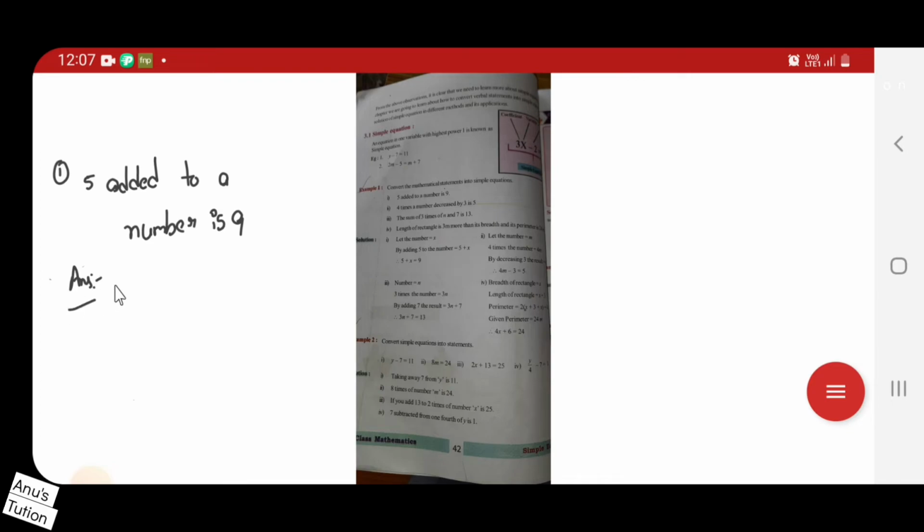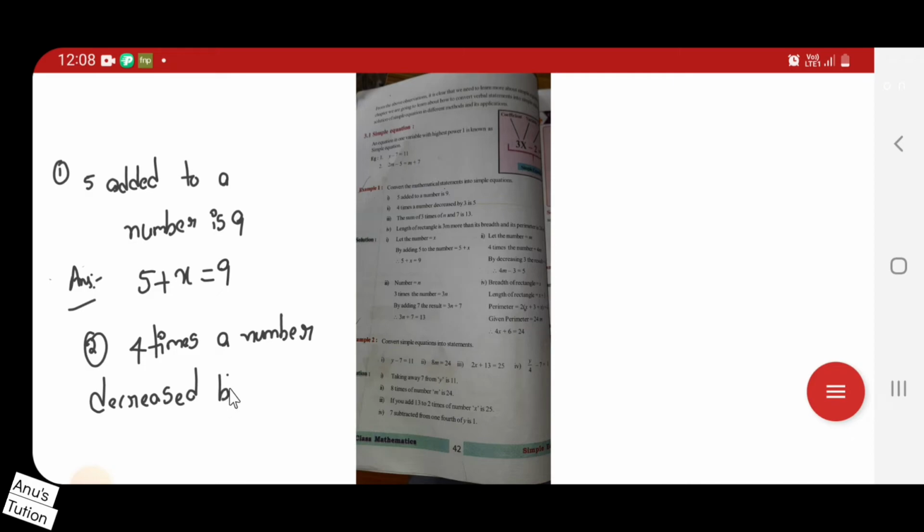We will find the simple equation for 5 added to a number equals 9. Then we have to find what the number is. Up to this, here is only the question. Next one: 4 times a number decreased by 3 is 5.